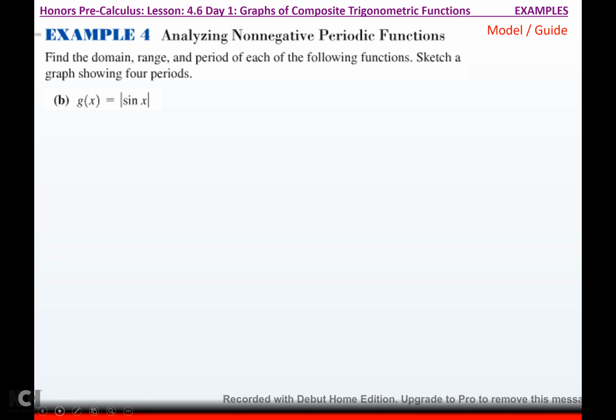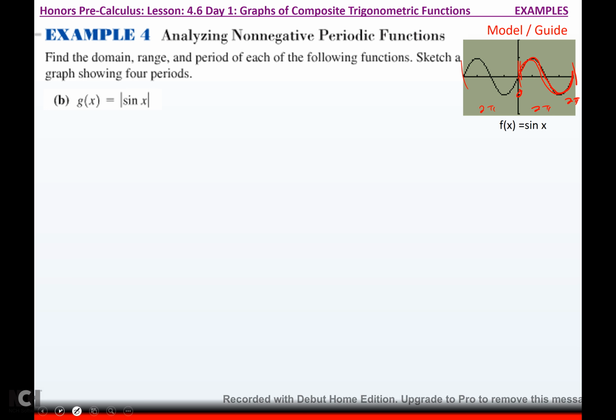Alright, so now they want us to do this one, absolute value of sine. Well, if I graph sine x, okay, you can see that the period is 2 pi. Because here's 0, here's 2 pi. It starts from here to here is a period, from here to here is a period, that's 2 pi, that's 2 pi, it repeats itself every 2 pi for sine, okay?